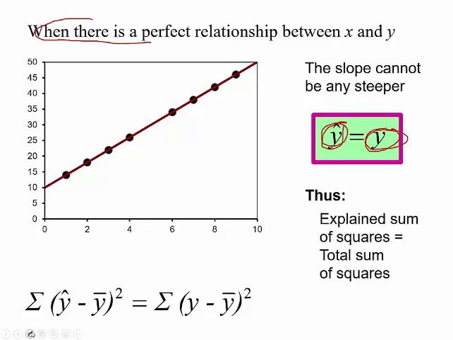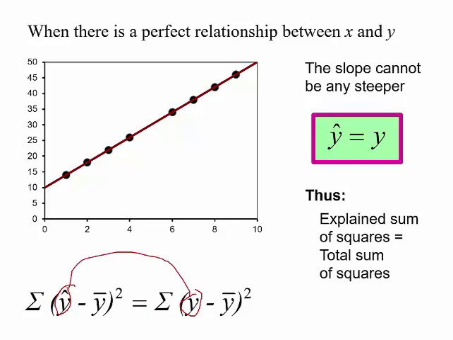So if y hat and y are the same thing, then how far y hat deviates from y bar is the same thing as how far y deviates from y bar. In other words, if there's a perfect positive correlation, y hat and y are the exact same thing, because I can perfectly predict y given x.